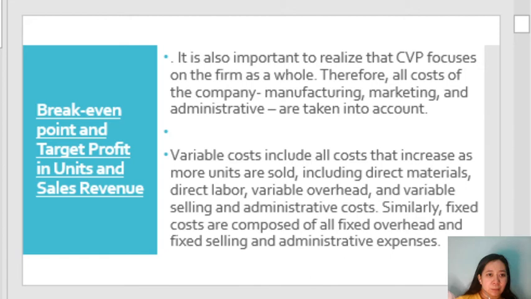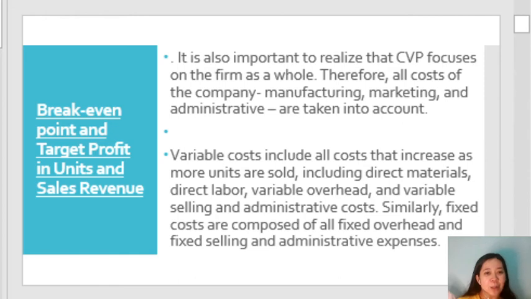So here, fixed costs, on the other hand, are composed of all fixed overhead and fixed selling and administrative expenses. Or in other words, if you have already classified the other costs as variable cost, the remaining will, of course, be fixed cost. The examples will be depreciation, salaries, and wages of the accountant, the president.